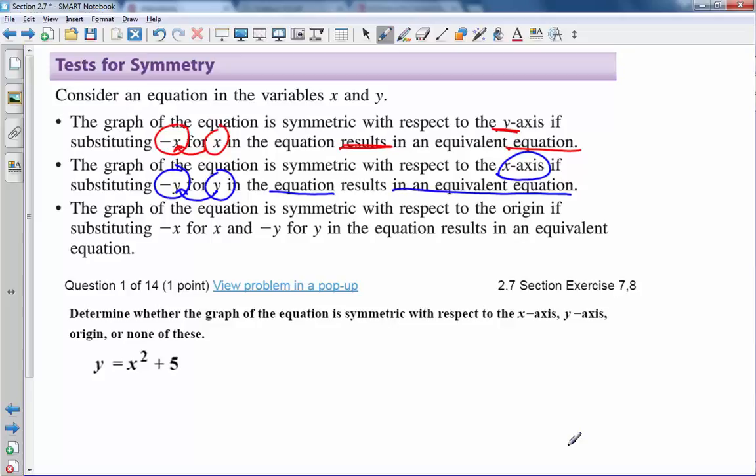For origin, however, for y-axis we do x, for x-axis we do y. For origin, guess what? We do both x and y. Both x and y will be replaced by minus x and minus y, and we will check if you still have the same old equation. Probably not. Okay?